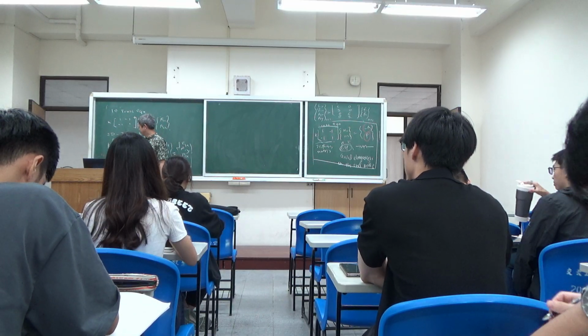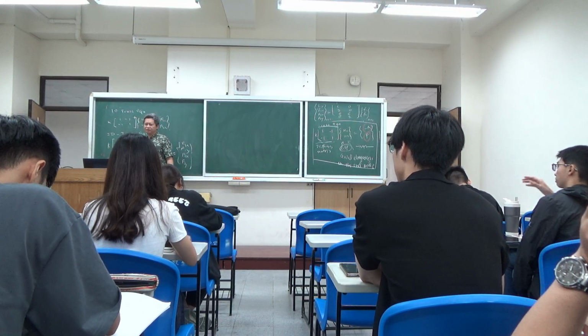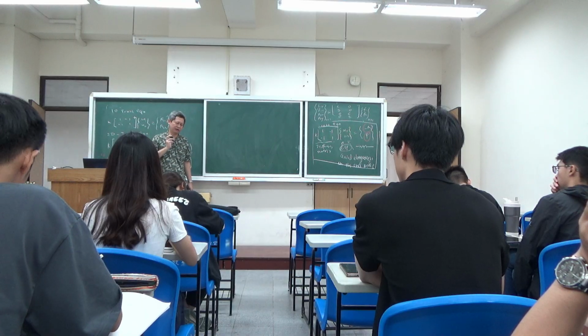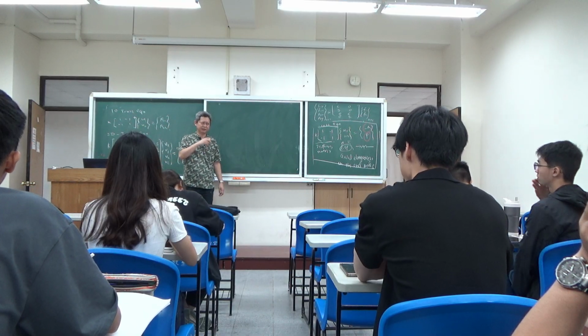Why do the first and the third rows have the opposite stiffness?